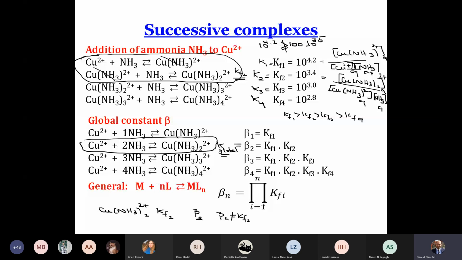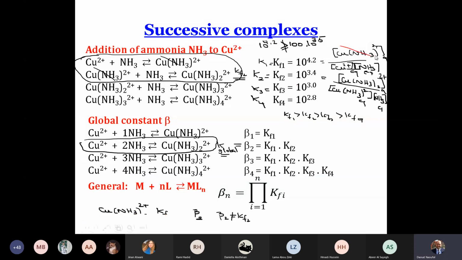So what is the relation between beta and K? In this form, beta 1 is equal to Kf1, since this is the formation of the first complex. In the second reaction, beta 2 is equal to Kf1 multiplied by Kf2.